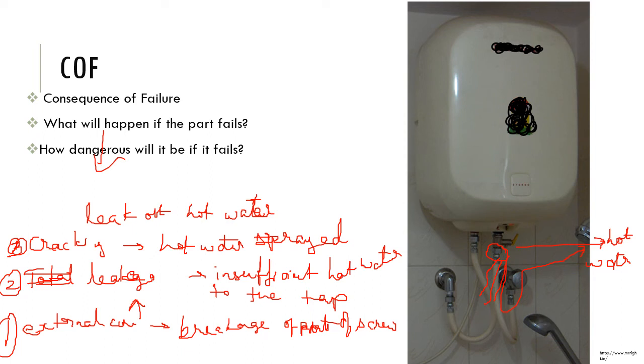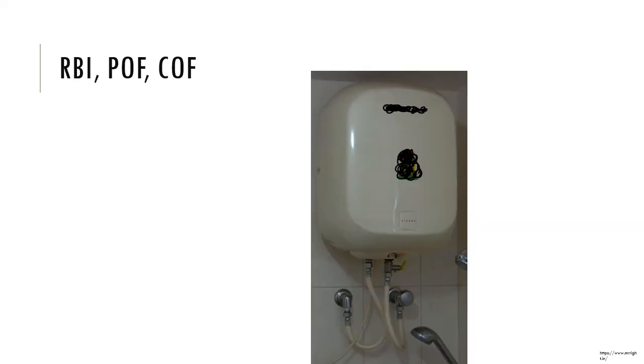So let's see what is going to happen next. For RBI, the risk is given as PoF multiplied by CoF. Now for the outlet screw, PoF was 4, and for CoF we would consider the highest risk, cracking. So risk will be 7.